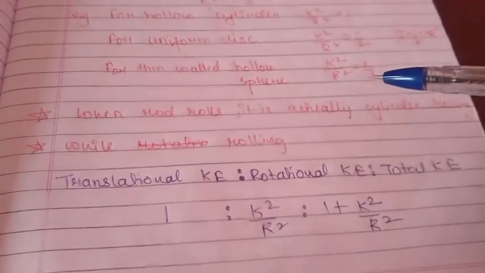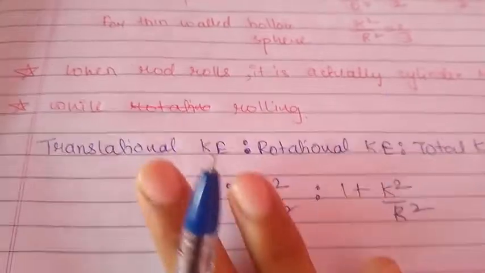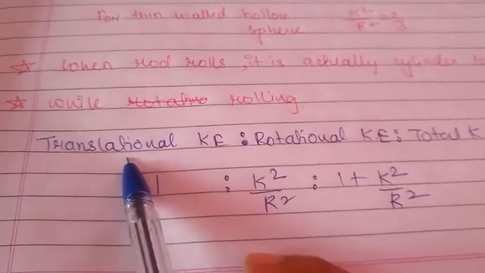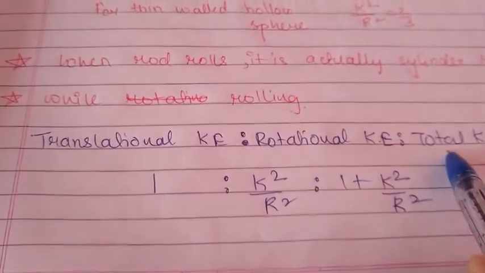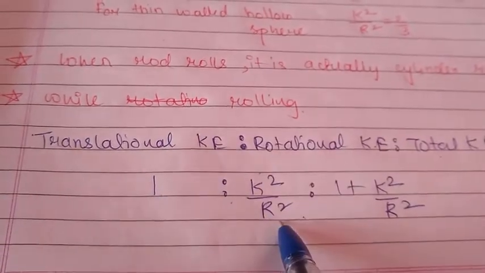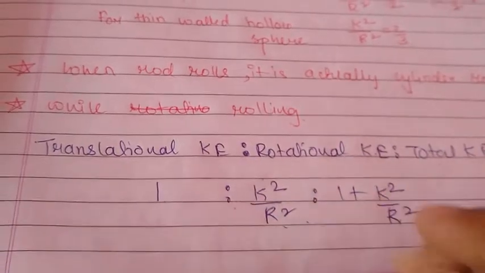Now, when a body is rolling, there is this particular concept, that the ratio of translational kinetic energy to rotational kinetic energy to total kinetic energy can be given in this form. So 1 is to k square by r square is to 1 plus k square by r square. Now this can also be explained with an example.